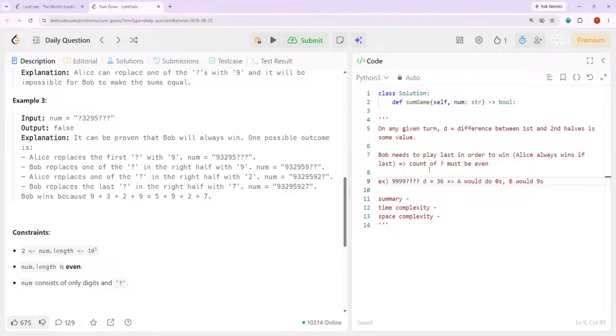Does that work? Because in theory, if Alice makes the first half question mark something, then Bob can always make the second half question mark the same thing as well, to balance it out.